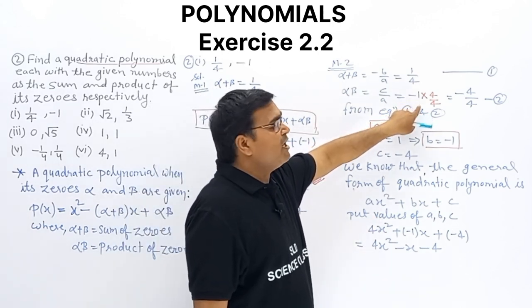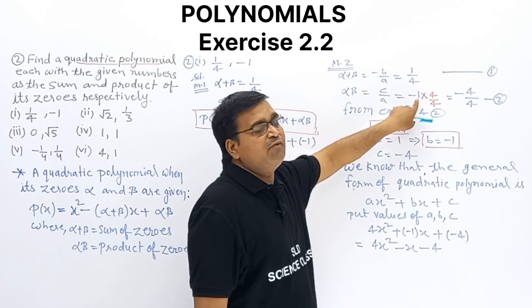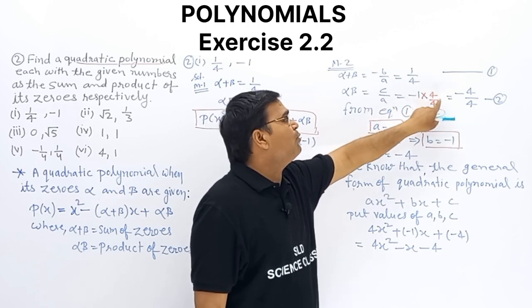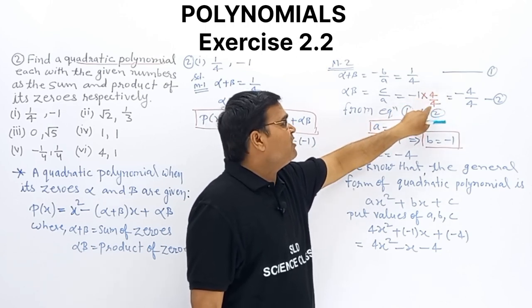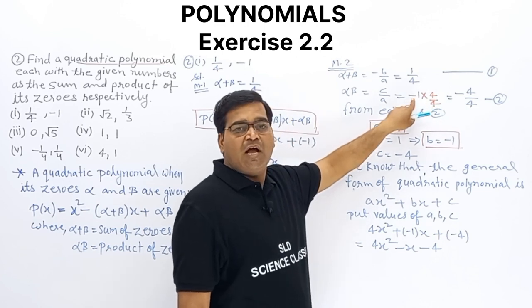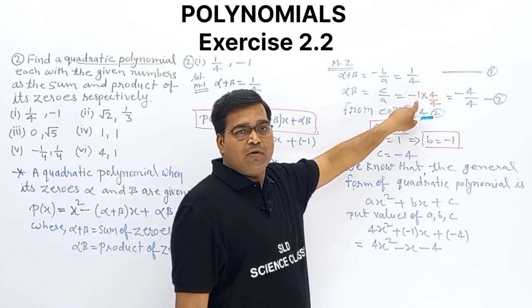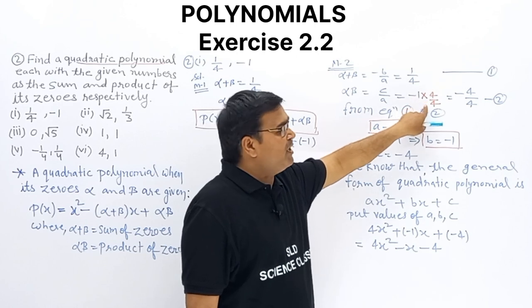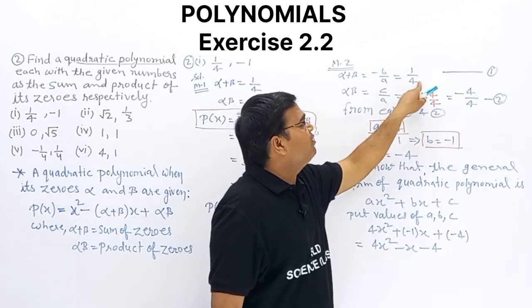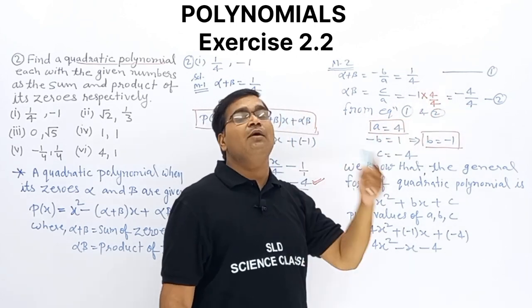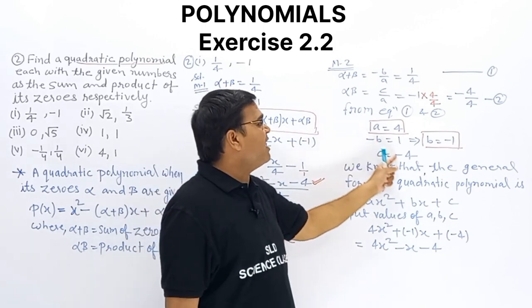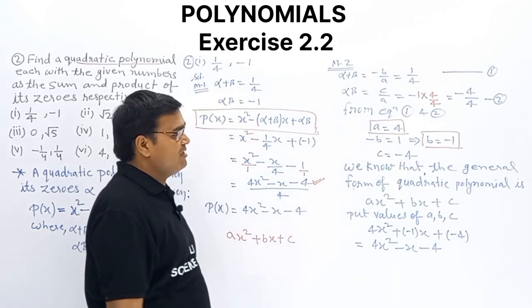We want denominator 4, so we will multiply and divide this one by 4 upon 4. Once we solve, we are getting minus 1. Then we get 4 as the denominator in both. Then we can compare easily, and in this way we get the values of a, b, c.